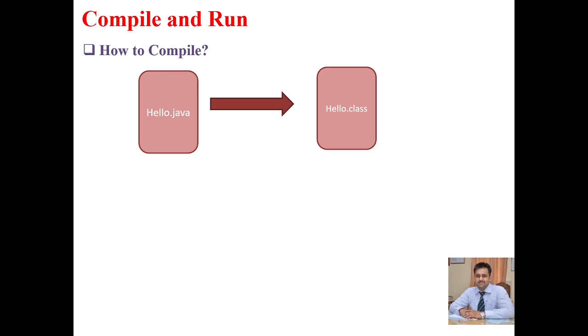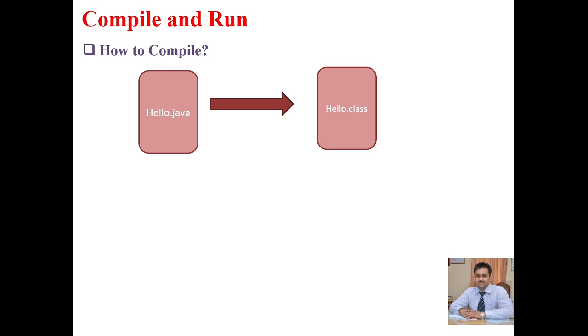In C and C++, compilers are operating system dependent. It means we use a different compiler for Windows and a different compiler for Linux. But in Java, only one compiler exists. In C, when we compile any program, the compiler converts it into operating system understandable code.